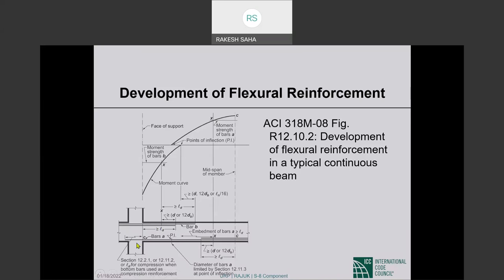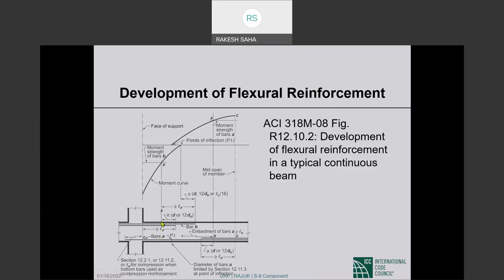This is just telling you that we have some bars that are terminated, some bars that are not terminated. All the bars are at the support section. The bars that are not terminated are bars B, and the bars that are terminated do not have a name. The bars cannot be terminated short of one development length away from the support face, because at the support face those bars have to be fully developed. So that's the first thing.